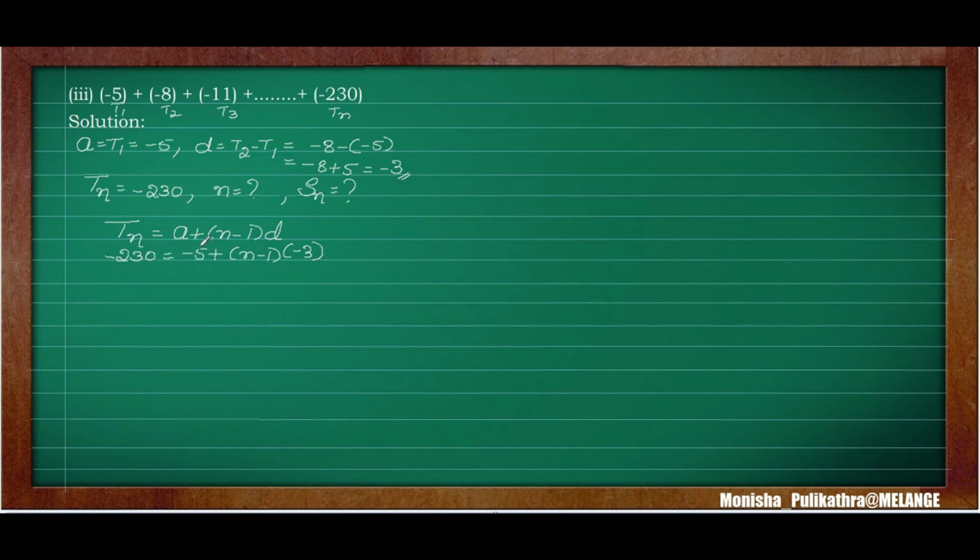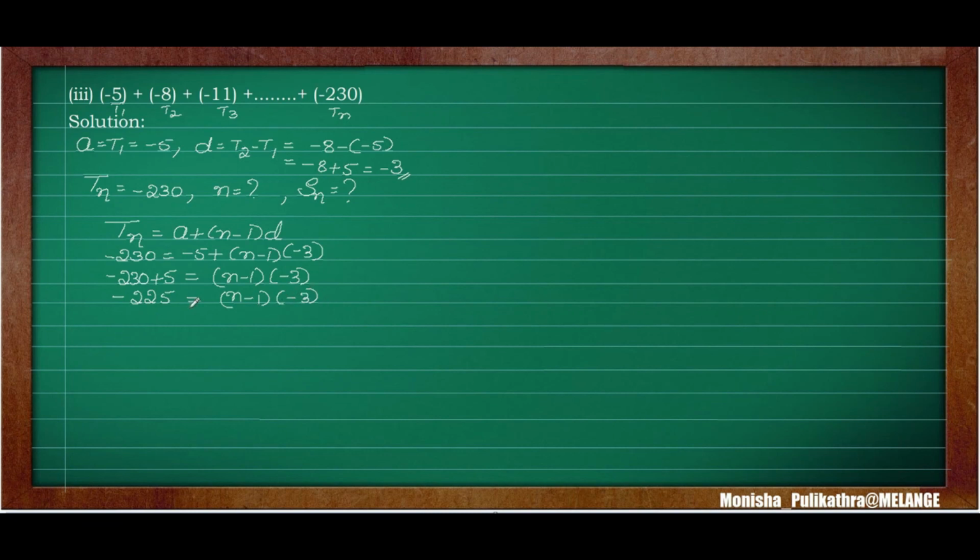Okay, first I will shift this minus 5 to the left hand side. So it will become minus 230 plus 5 is equal to n minus 1 into minus 3. So minus 230 plus 5 is minus 225 is equal to n minus 1 into minus 3.